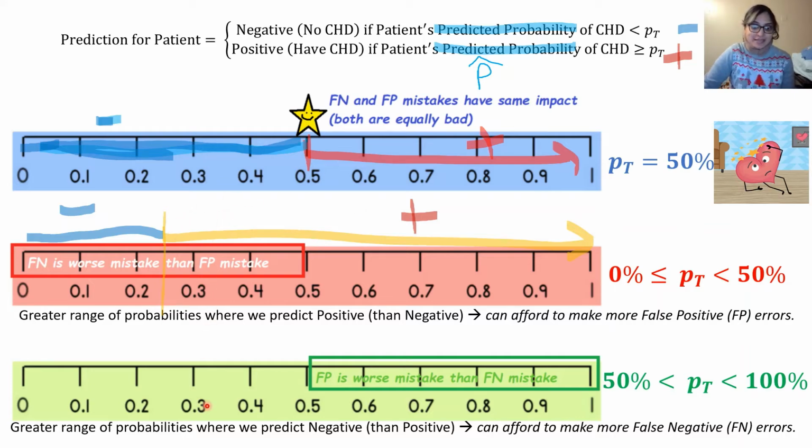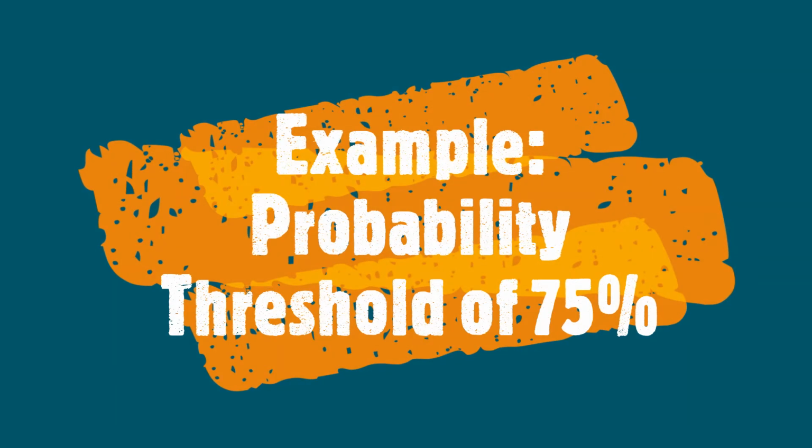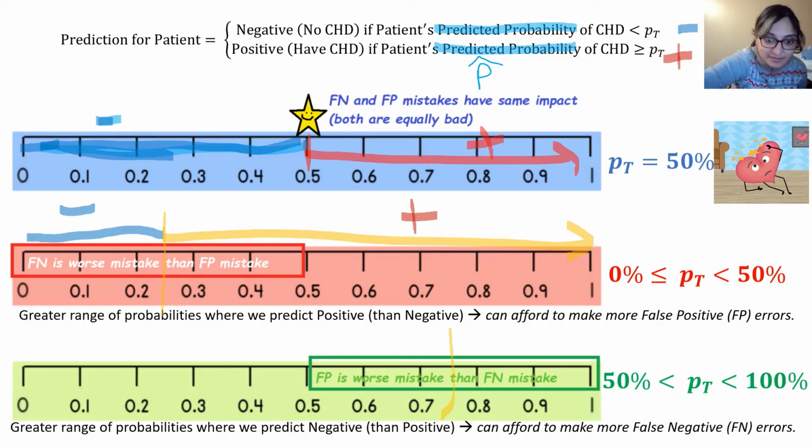Now if we look at the false positive being worse than the false negative mistake, which is what happens if the probability threshold is greater than 50%, it just means, on the other hand, let's say that we have 75% here.